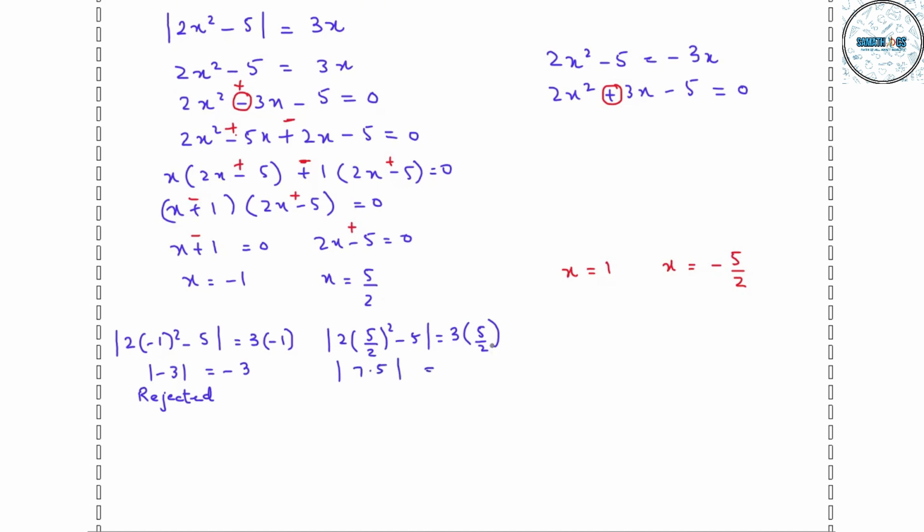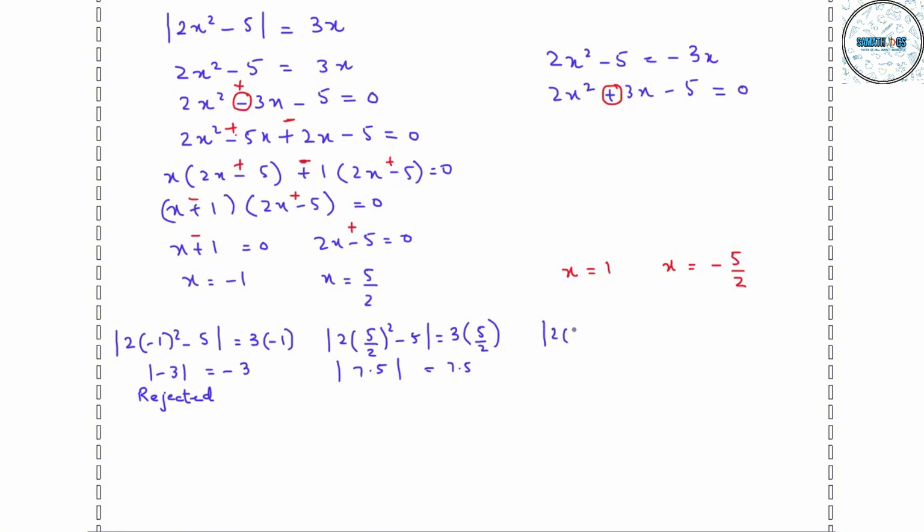And here, 15 divided by 2 is 7.5. So absolute value of 7.5 is 7.5. Now we will check this one.